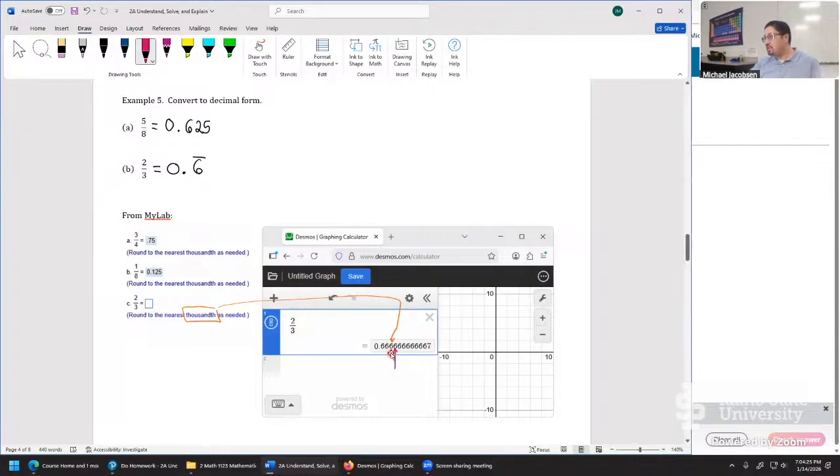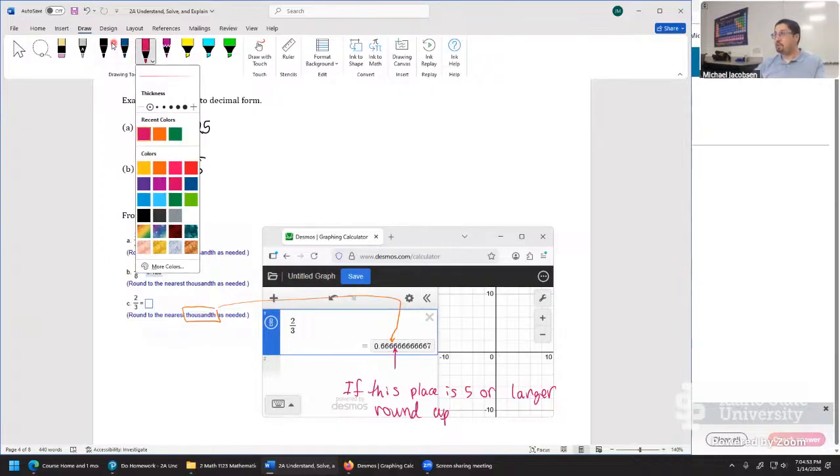For rounding to the nearest thousandths, that 6 there, where the orange arrow is pointing, we move one place more to the right, to this place, and if this place is 5 or larger, round up. The number that's actually rounded up is what the orange arrow is targeting.